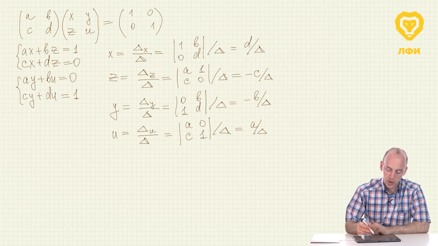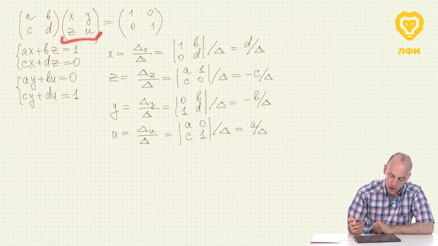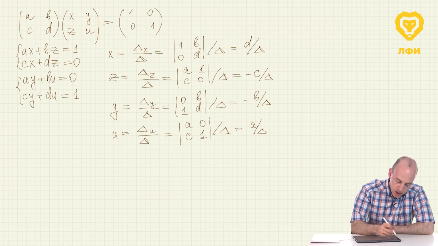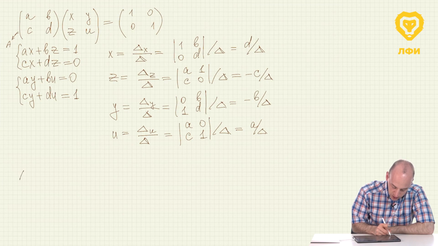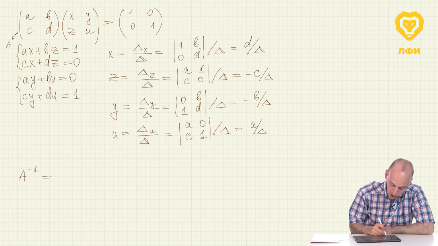Okay, now let's write the matrix we have obtained here. If we denote the initial matrix as A, it means that the one we have found is A to the minus first, and it is equal to the following one. It is 1 over delta, multiplied by a matrix with d, minus c, minus b, and then a.